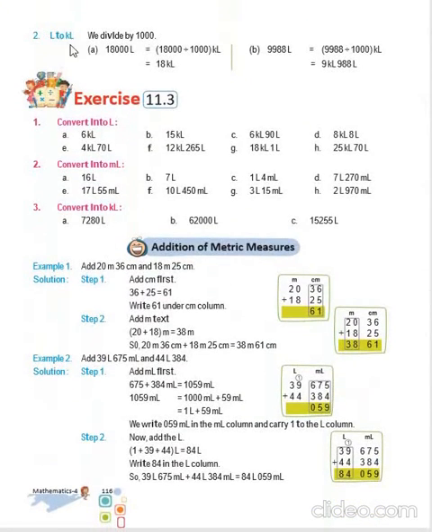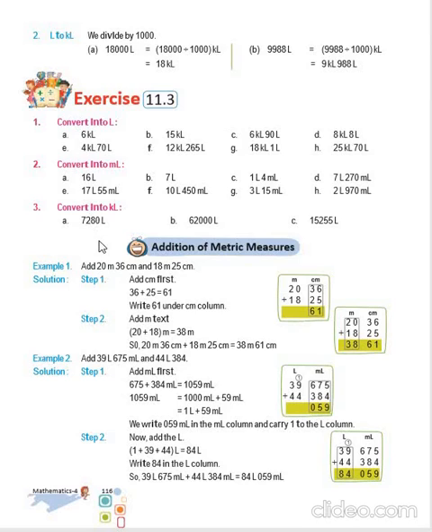Now liters to kiloliters is done by dividing by thousand. So 18,000 liters is equal to 18,000 divided by 1000 kiloliters, which is equal to 18 kiloliters. Now come to exercise 11.3. This one you have to do as I have explained the conversion.